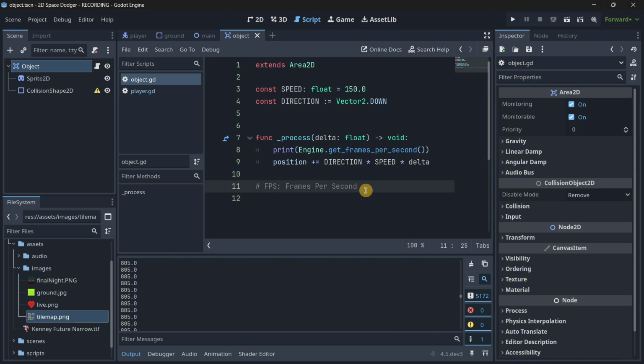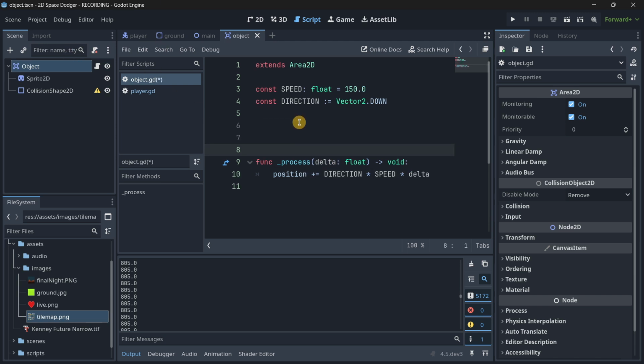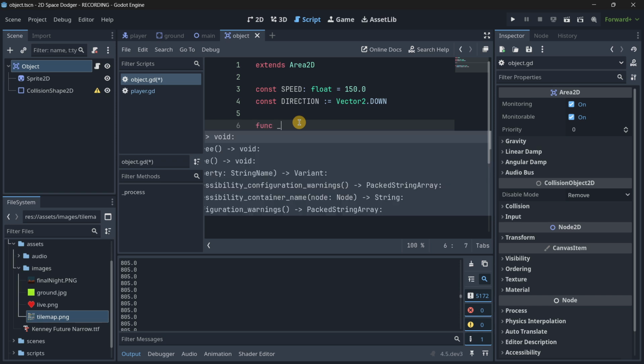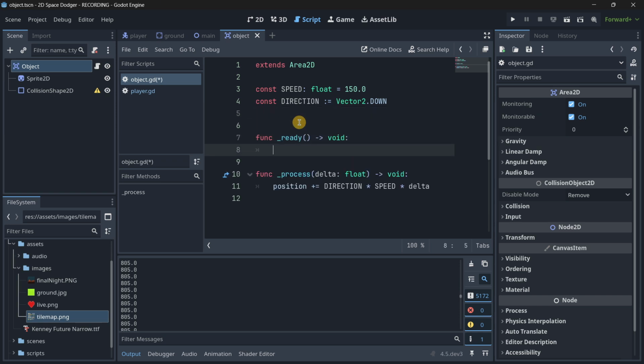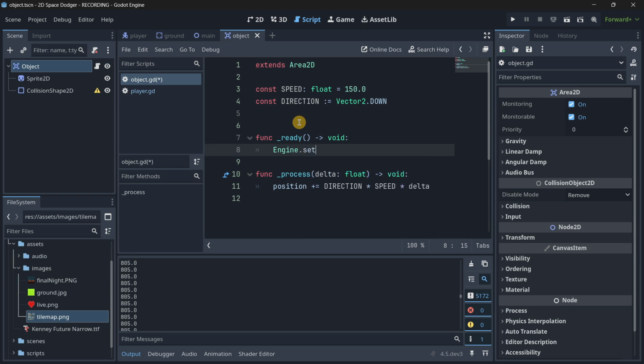So to see this difference even more, let me not multiply this value. Well, yes, let me leave it over there. I will add the ready function, and I will do the following. I will do Engine.set_max_fps, sorry, this was max_fps. I'm going to clamp my frames per second to 60.